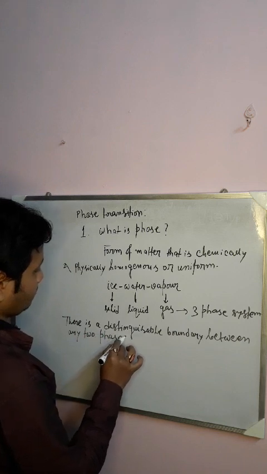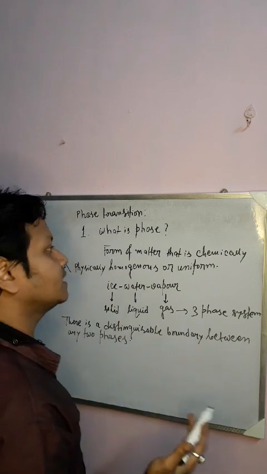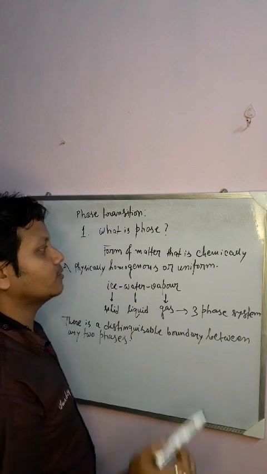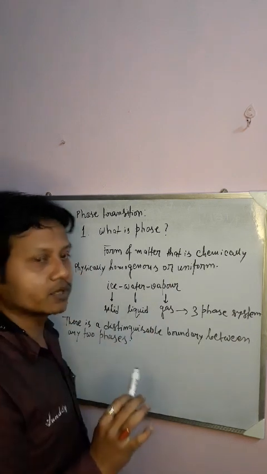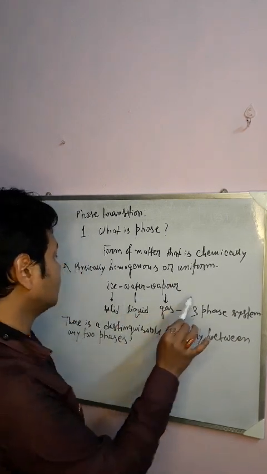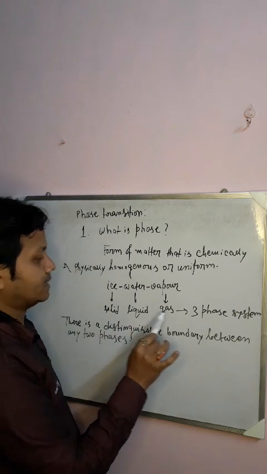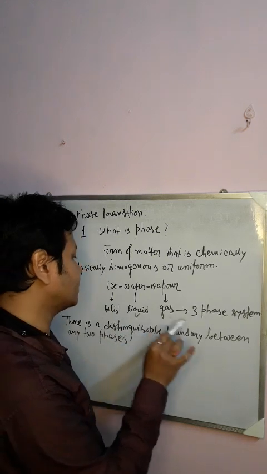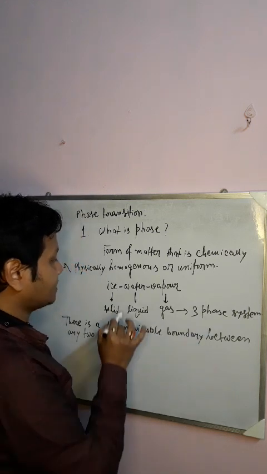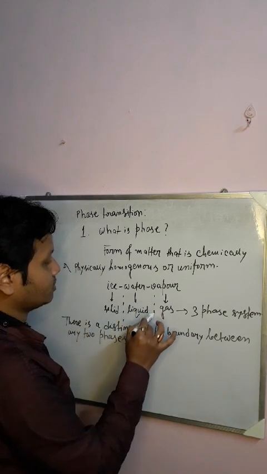Okay, so basically a form of matter that is physically or chemically uniform. Here we took the example of ice, water, vapor, that is solid, liquid and gas. There are three phases in this system and each is separated by a distinguishable boundary.